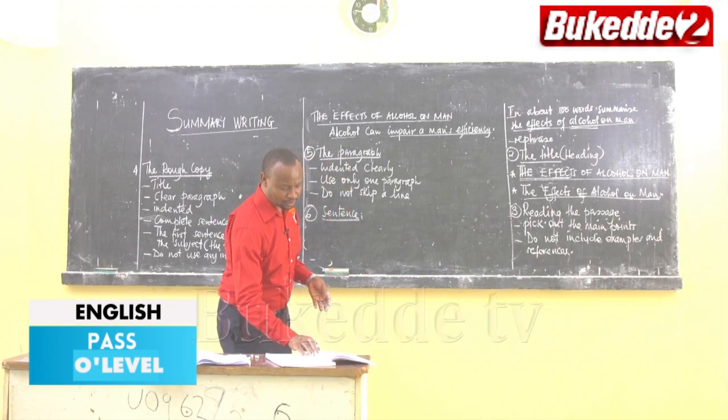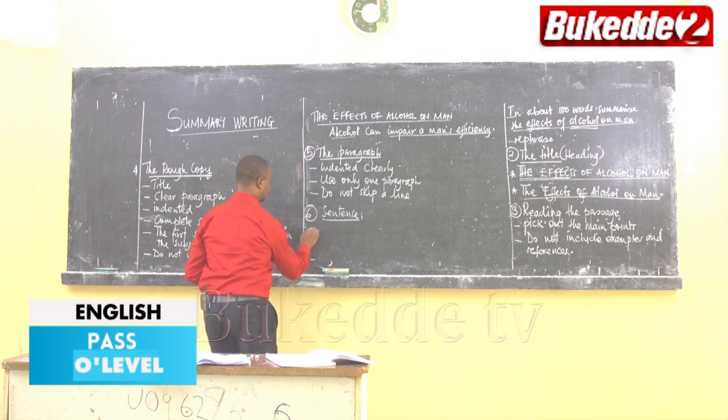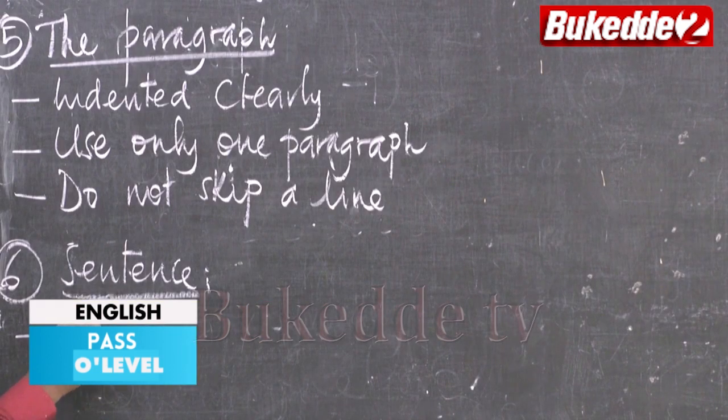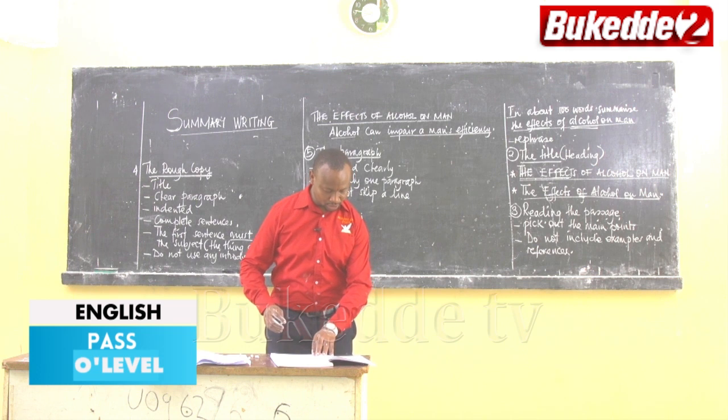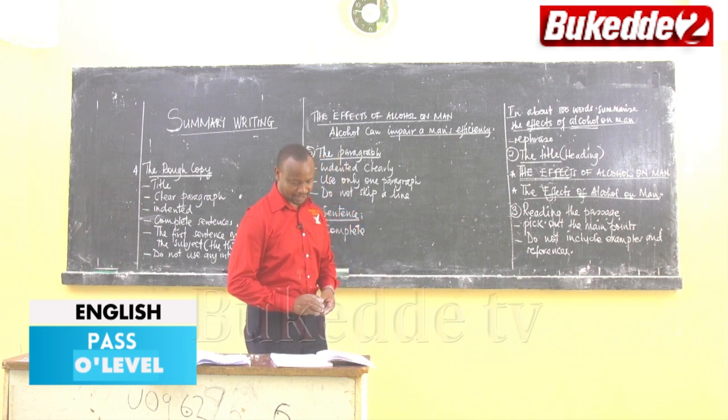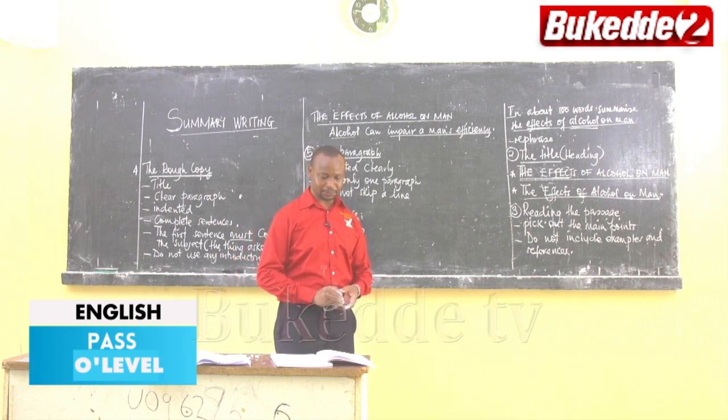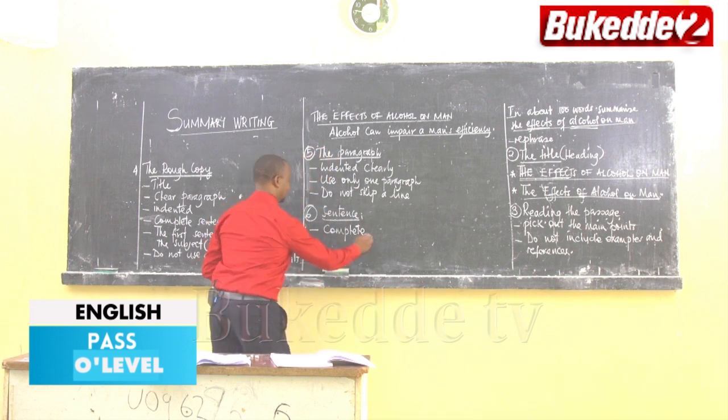Every sentence written down must be complete. If you write an incomplete sentence, it will make you lose a lot of marks. It will be marked as a phrase. So every sentence written down must be complete.